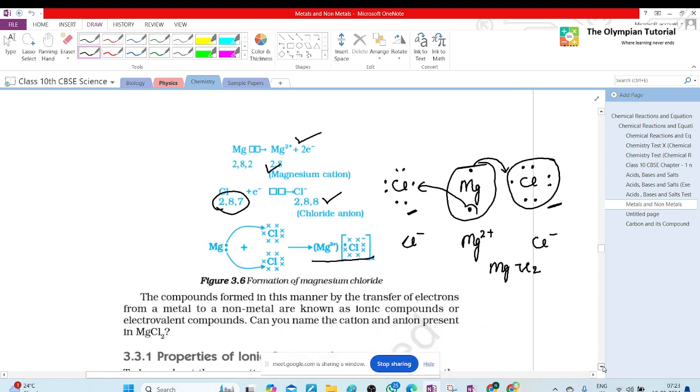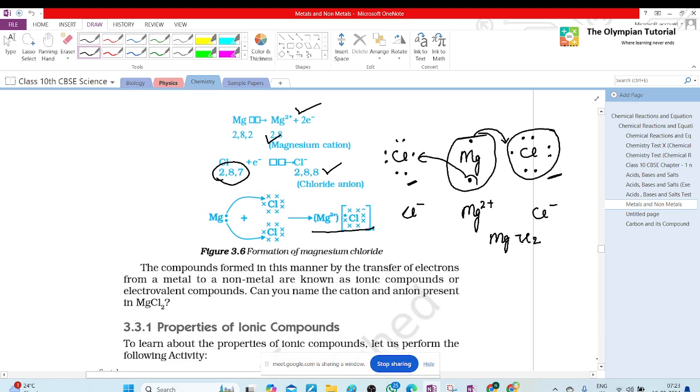Yes, ma'am. This is the formation of magnesium chloride. Let me know what we are doing here. Ma'am, we have written the electronic configuration of magnesium as 2, 8, 2 because its atomic number is 12.